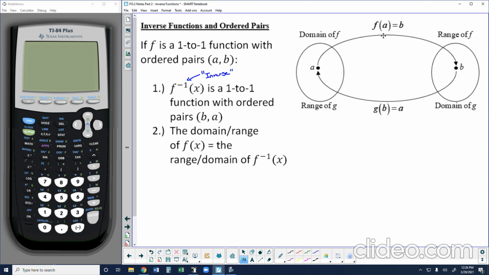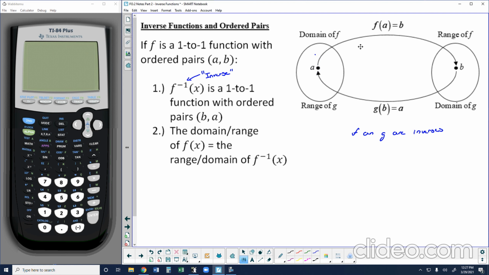So let's say that here we have the domain of f, and let's say that f and g are inverses. On this picture, everything represented in this bubble here is the domain of f. It is also the range of g, so it's represented with the value a.